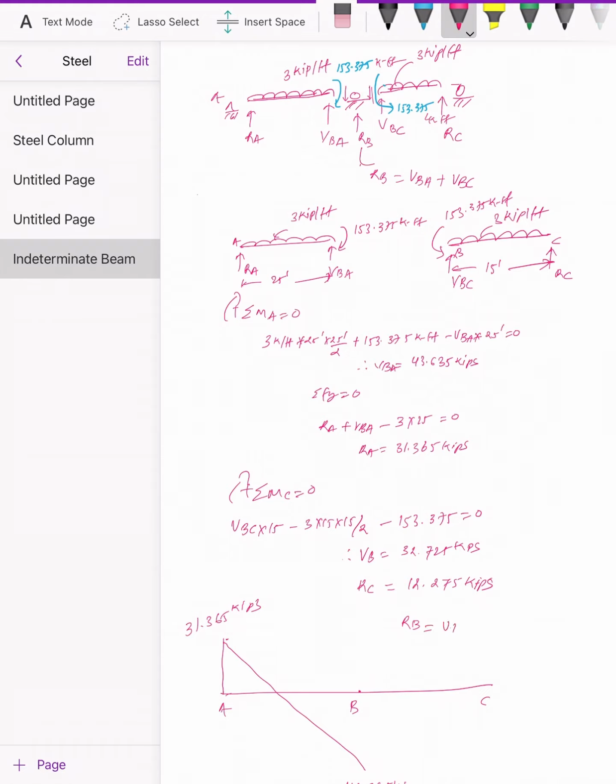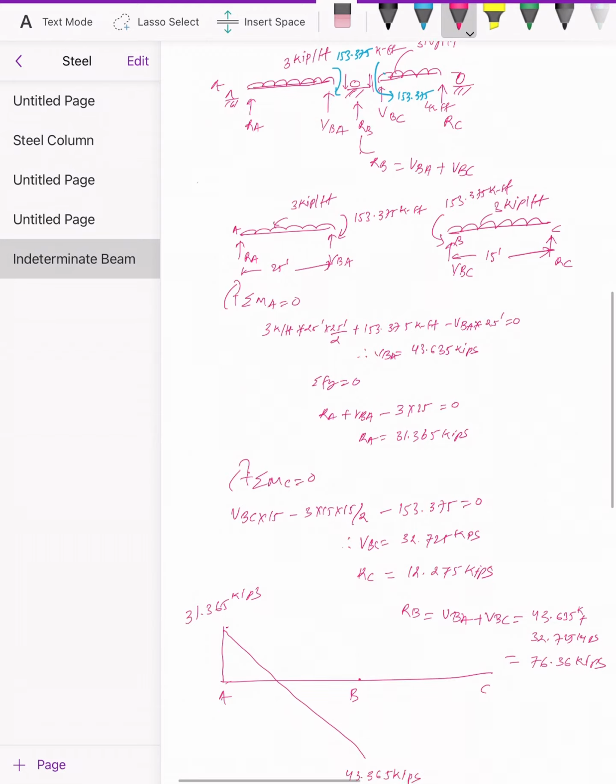So RB is equal to VBA plus VBC. That's going to be 43.635 kips plus VBC, 32.725 kips, which comes out to be 76.36 kips.